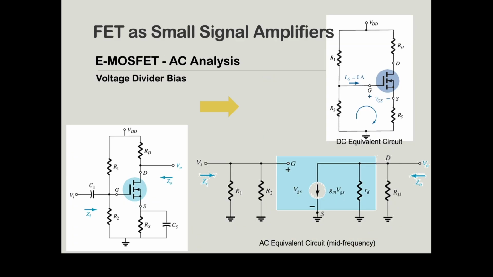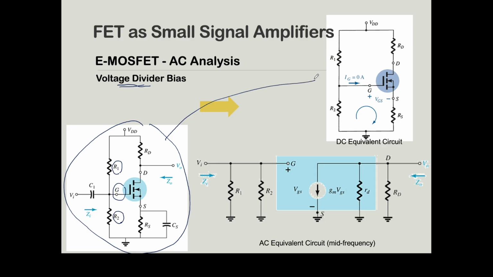Okay, so first of all, given this circuit, if you look at the input, where is the input? Gate is your input. At your input, we have two parallel resistors, R1 and R2. So we know this is actually a voltage divider bias. To analyze this circuit, you need to proceed with the DC equivalent circuit.